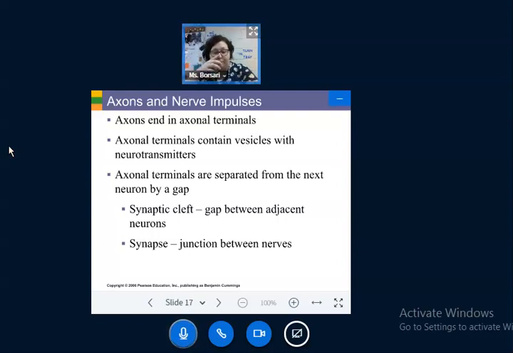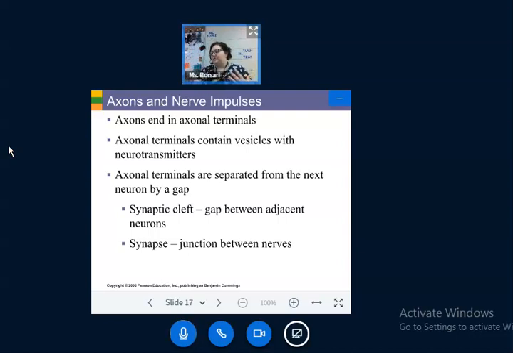These endpoints are going to contain vesicles, which are little packages. These have neurotransmitters. This is used to send information from one neuron to another. Kind of like how our nerve cells never physically touch our muscle cells, we still have a gap there.